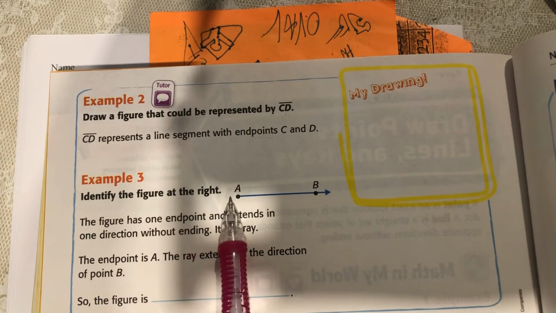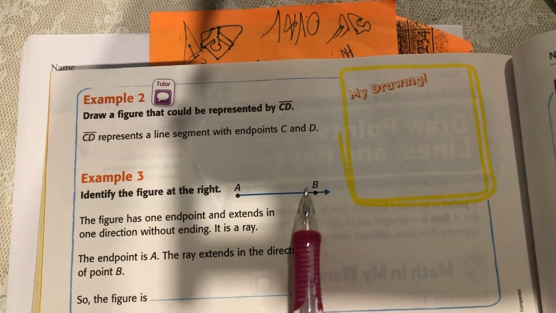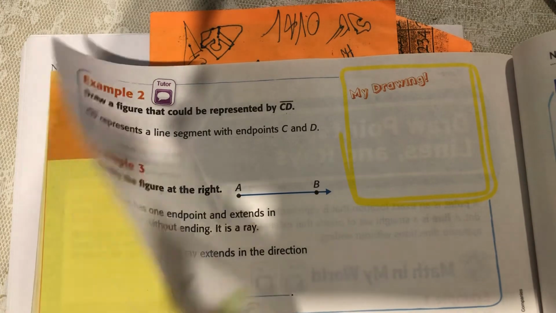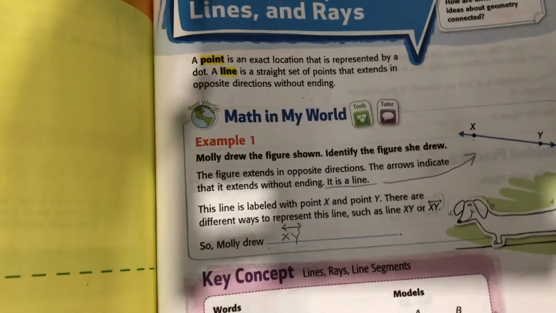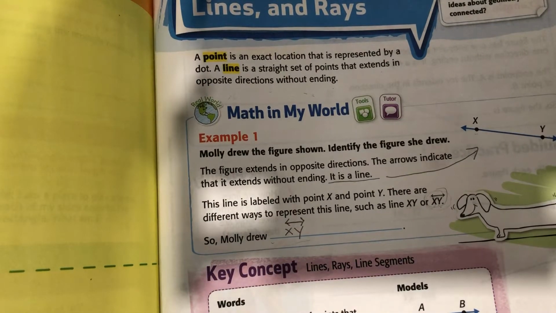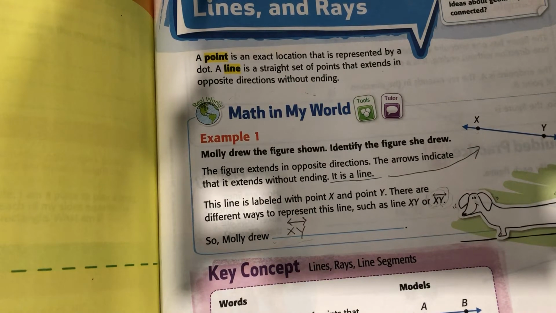Identify the figure at the right. Okay, so we have an endpoint and an arrow. Okay, so you're gonna have to go back to the vocabulary to make sure you understand. So you look for that picture, and that looks like this one. So this is called a ray.